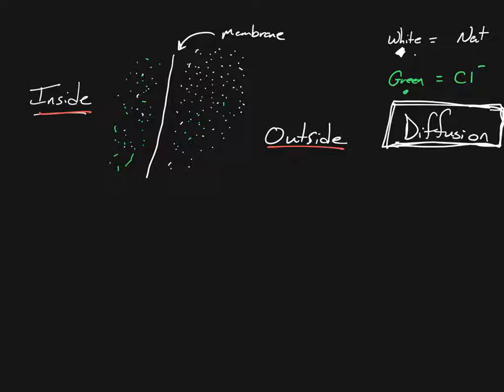Any movement is transport. Right now, we're talking about the kind of transport across a membrane, which we call diffusion. I'm about to explain everything, so let me go ahead. What's the difference between a transport and a channel protein? A channel protein helps transport particles across the membrane. It's part of the mechanism.